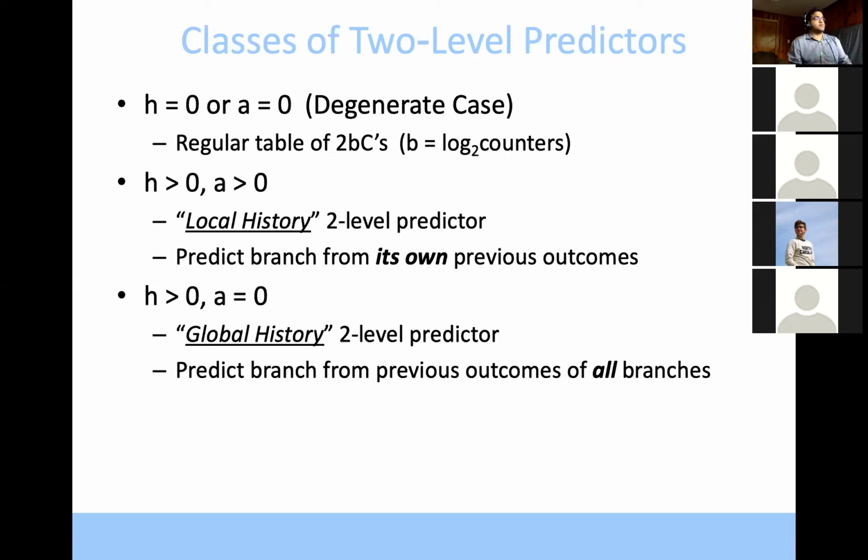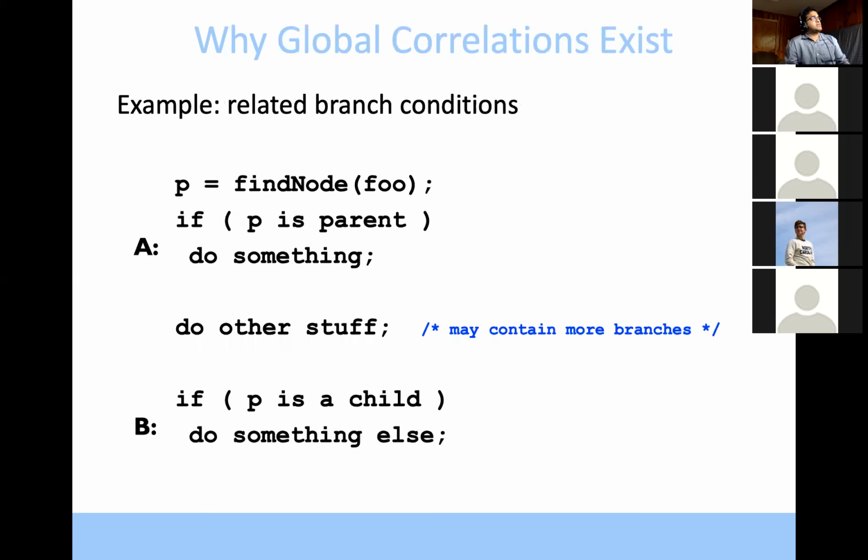That will give you local history. So this predicts branches from its own previous outcomes. And you can have H greater than 0 and A equal to 0. This gives you global history. So it predicts branches from previous outcomes of all branches, if that makes sense.